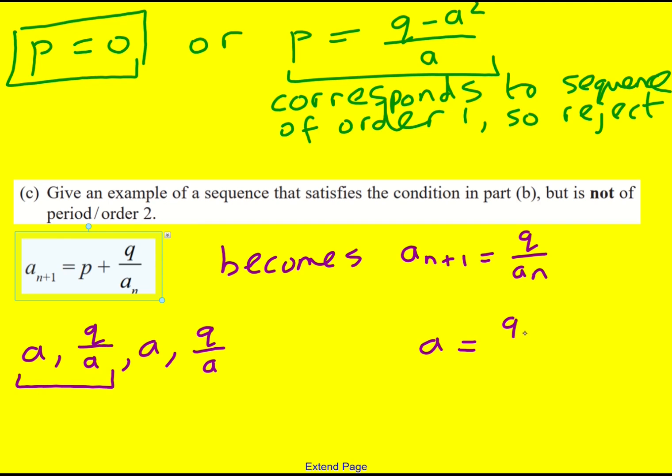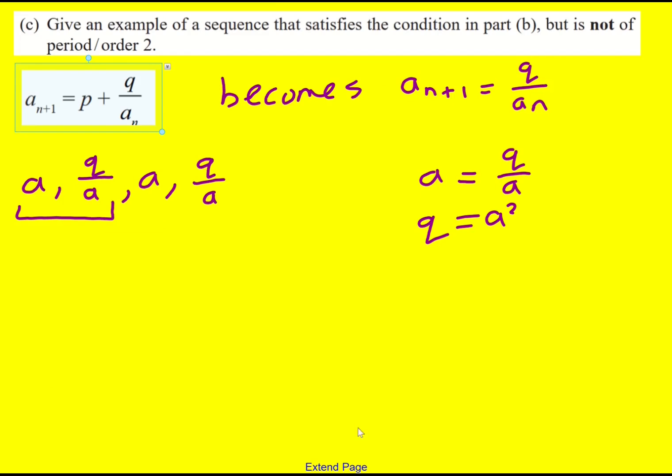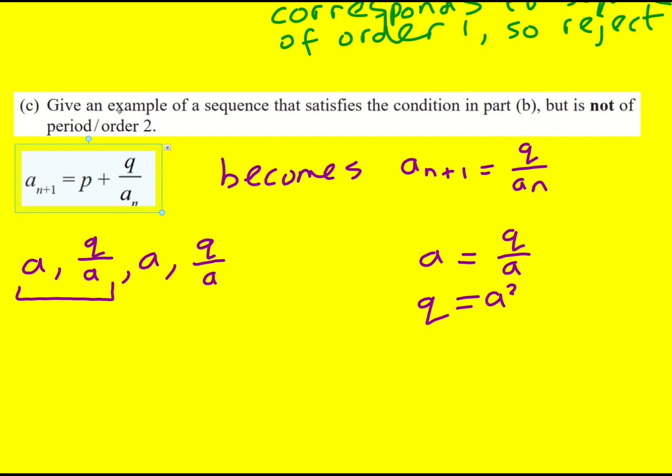a equals q over a, meaning that q would equal a squared. So I just need to give an example of that. I'm going to let a equal 3 and then q equal 9.